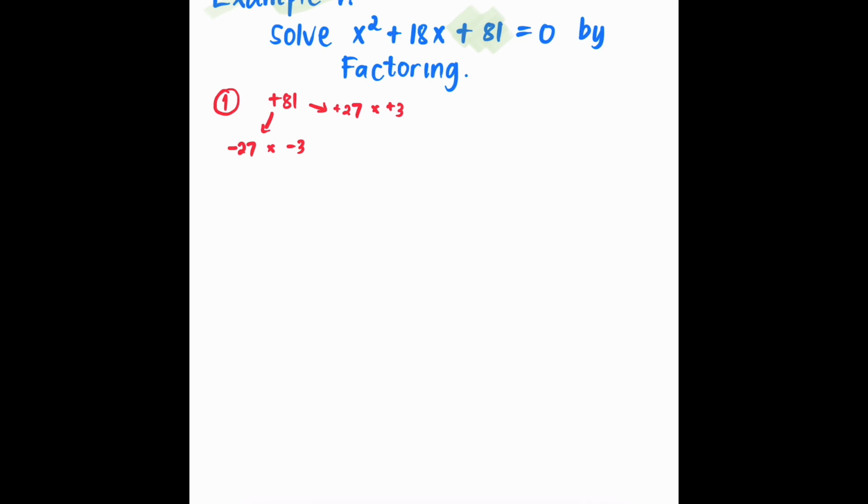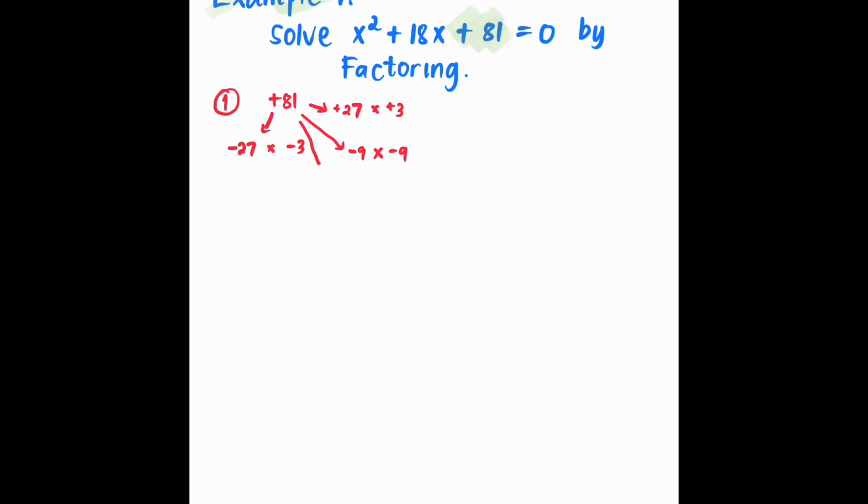So the rule here is we need to list down all the factors that give us positive 81. Another thing, we have negative 9 times negative 9, also positive 81.